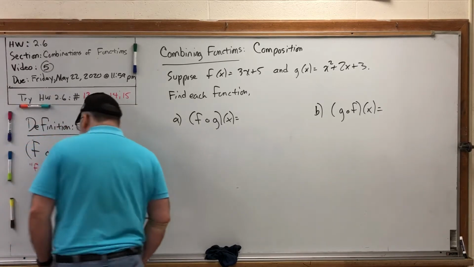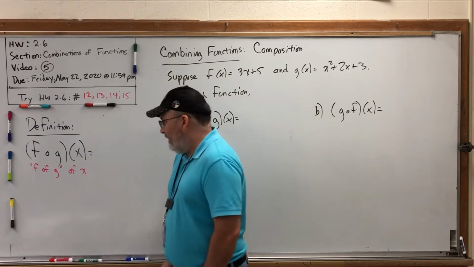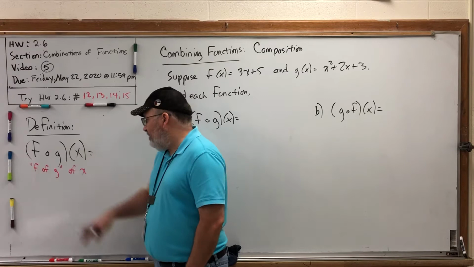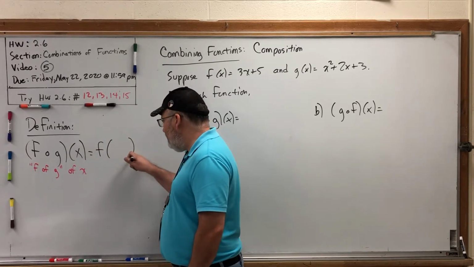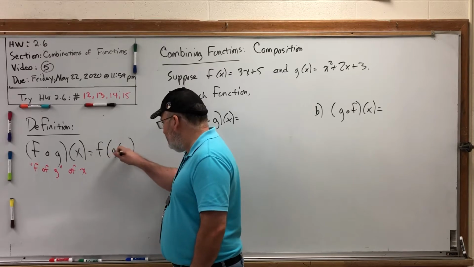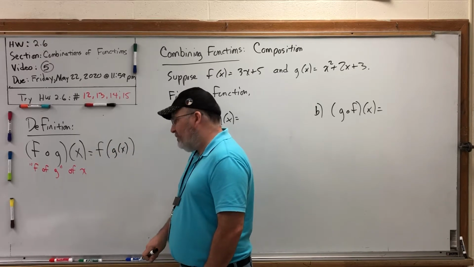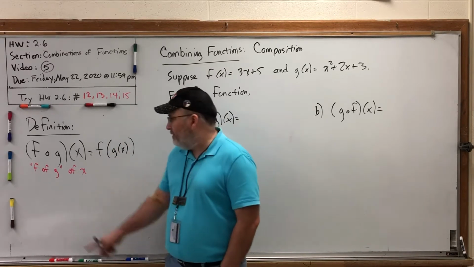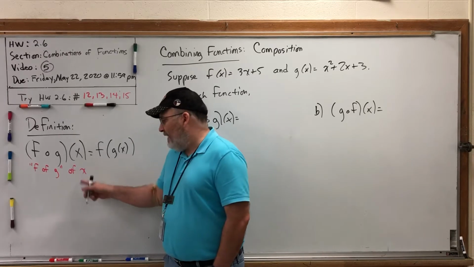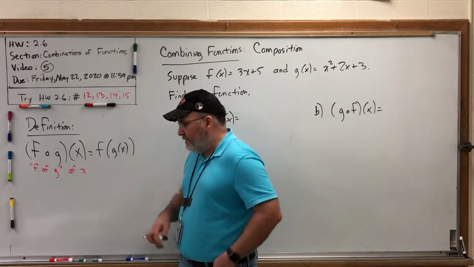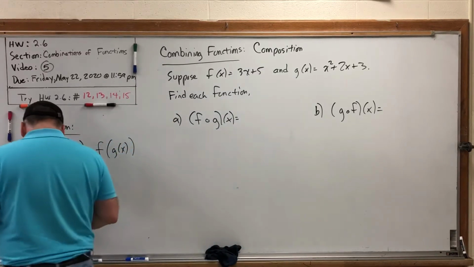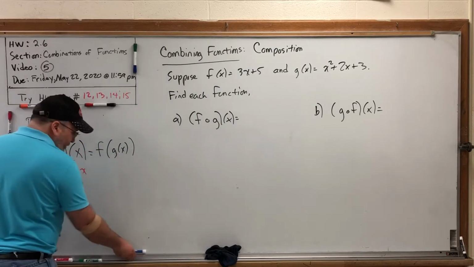Here's the definition of (f∘g)(x). (f∘g)(x) equals f of g of x. Listen closely to the words I said. "F of g of x equals f of g of x." I said the exact same words. I just paused at a different place.